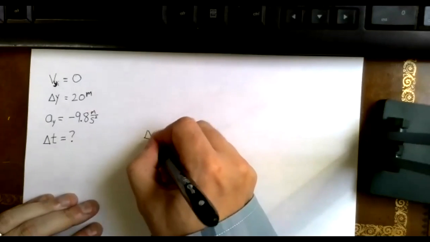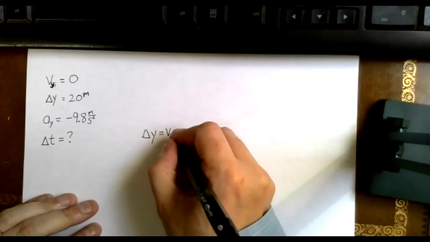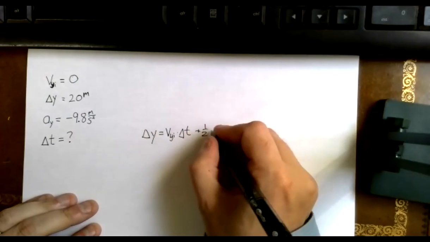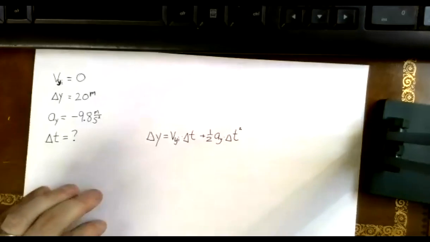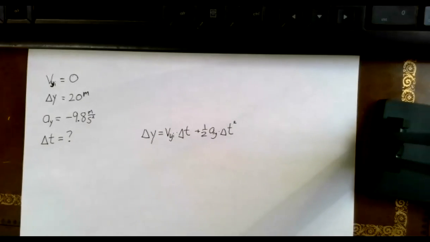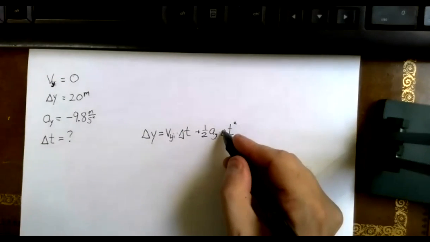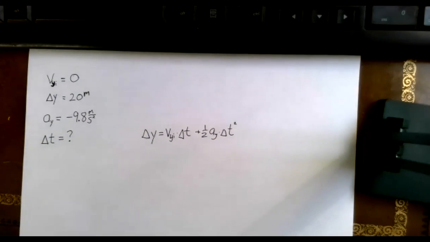So using y instead of x, I have delta y is my initial velocity times time, plus 1/2 acceleration times time squared. All right. So the next thing I want to do then is rearrange this and get the time by itself, right? And I can do that.